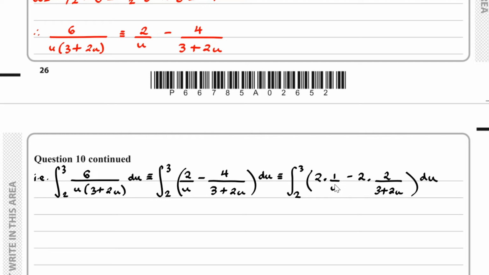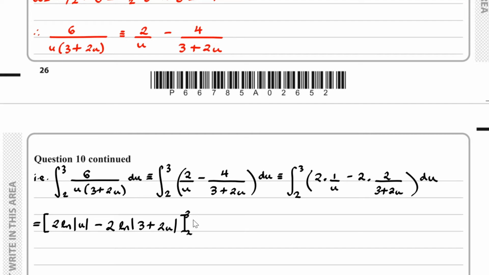So when we come to integrate, here hopefully you can see we have 2 lots of the natural log of the mod of u minus 2 times by the natural log of the mod of 3 plus 2u, and we're working this out in between the limits 2 and 3.